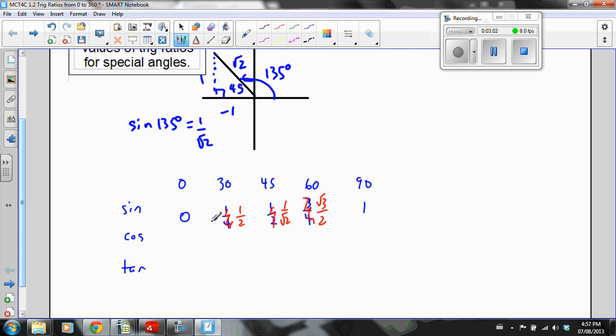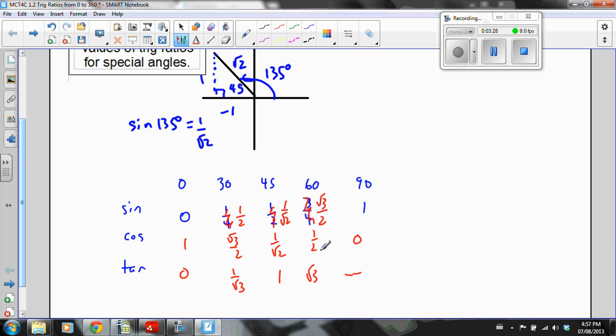Remember, cosine is just this other one backwards. And tangent was just sine divided by cos. Square root of 3 over 1. And then this one's undefined. Or error, however you want to write that.